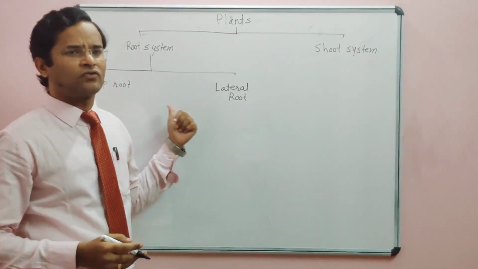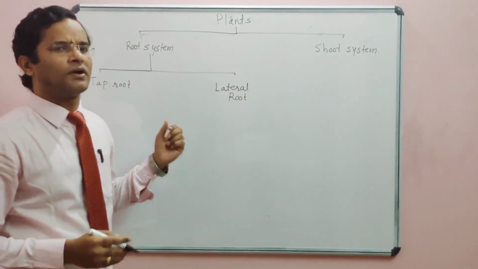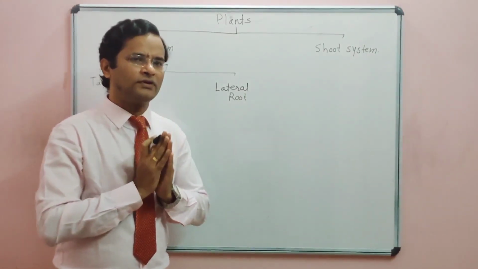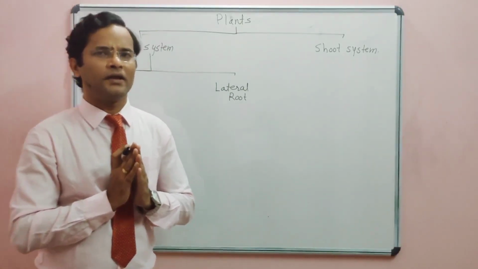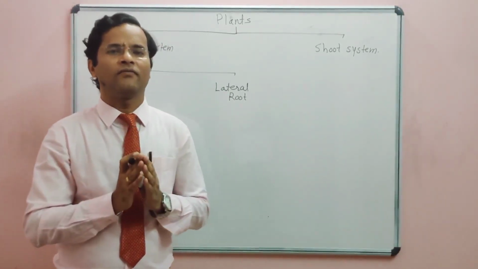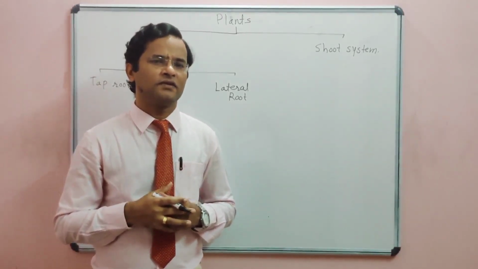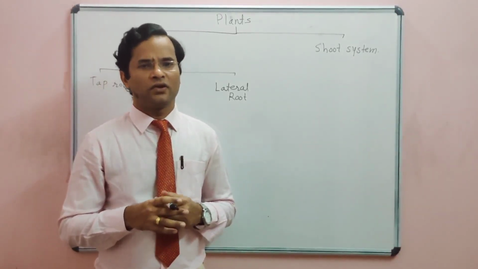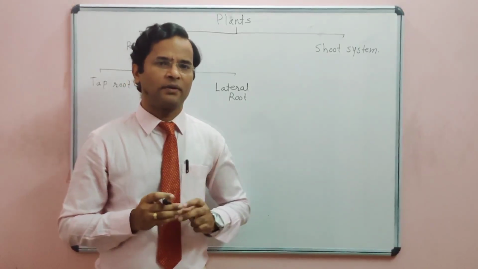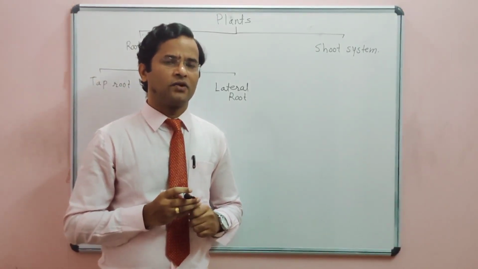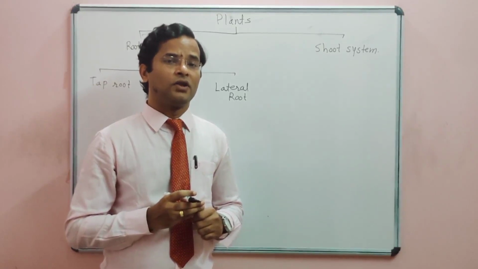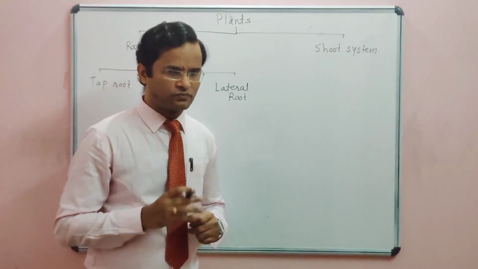In the case of tap root, these are basically the roots which develop primarily from the radicle, and which have a thick root. One more important characteristic is that the root system does not have node and internode structure.